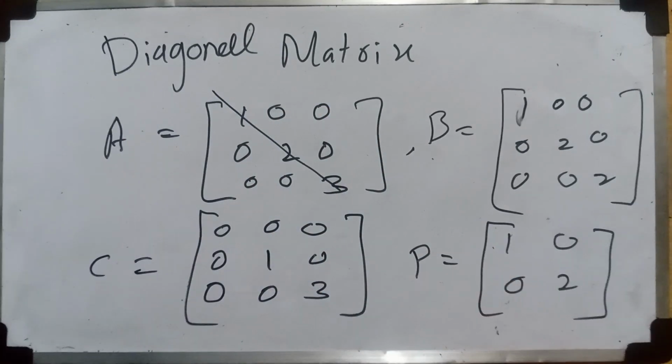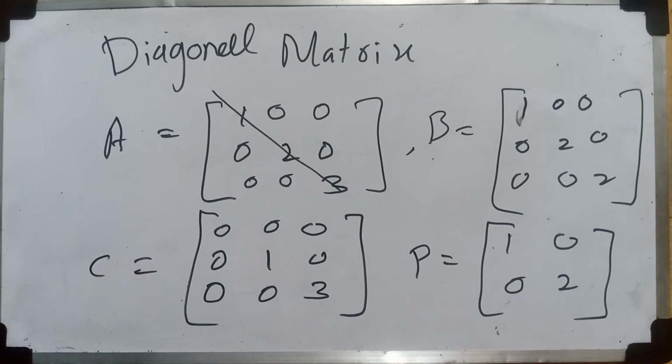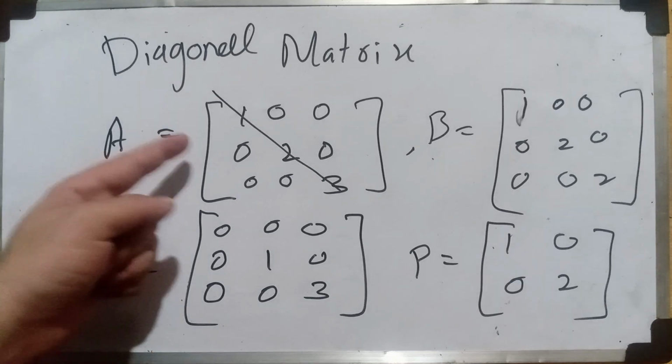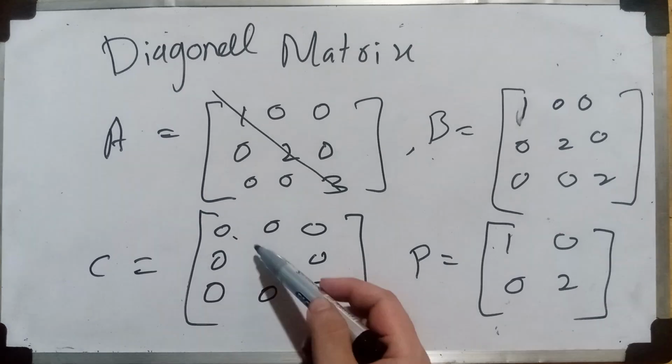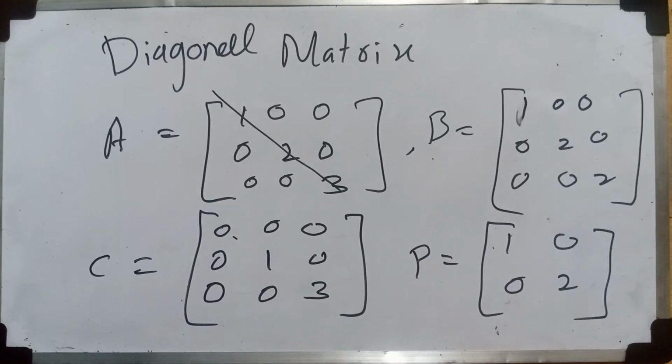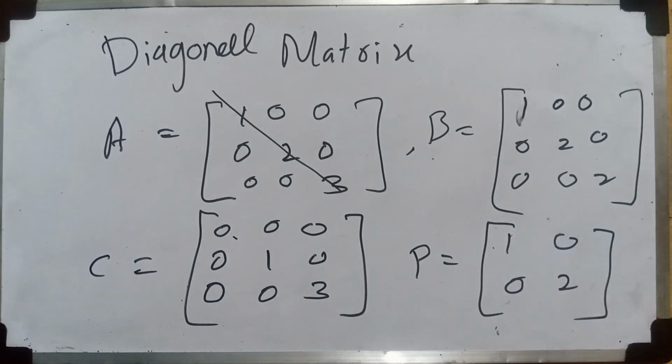If the diagonal has entries which are non-zeros, all or one or more, you can say, then it's called a diagonal matrix. So here you can see the diagonal has a 0, but the rest of the entries are not 0. You can still call this a diagonal matrix. And right here, the diagonal has 2 values, and the rest of non-diagonal entries are 0. So these all are examples of a diagonal matrix.